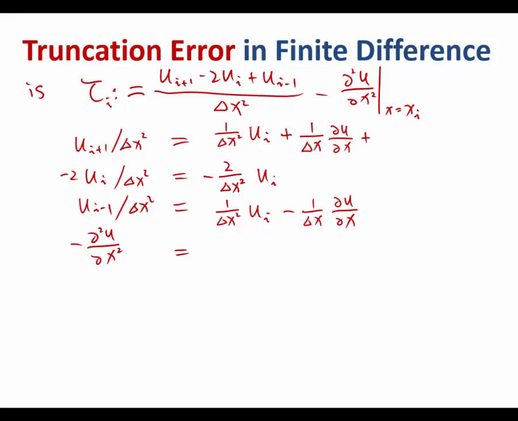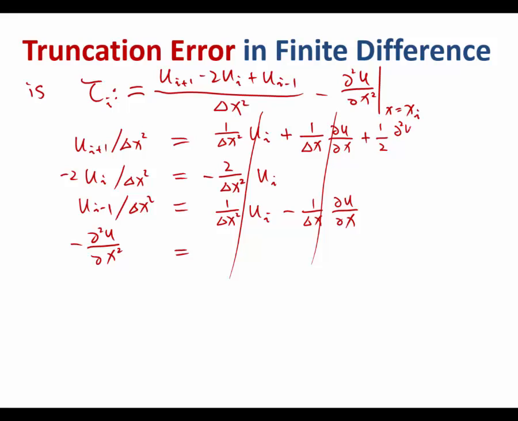All right. Here we can see that if you add them up together, this cancels. If you add them up together, this also cancels. So these terms do not contribute to the truncation error. Now let's start the second order derivative. For the second order derivative, I have a half of delta x squared, which exactly cancels with the delta x squared.